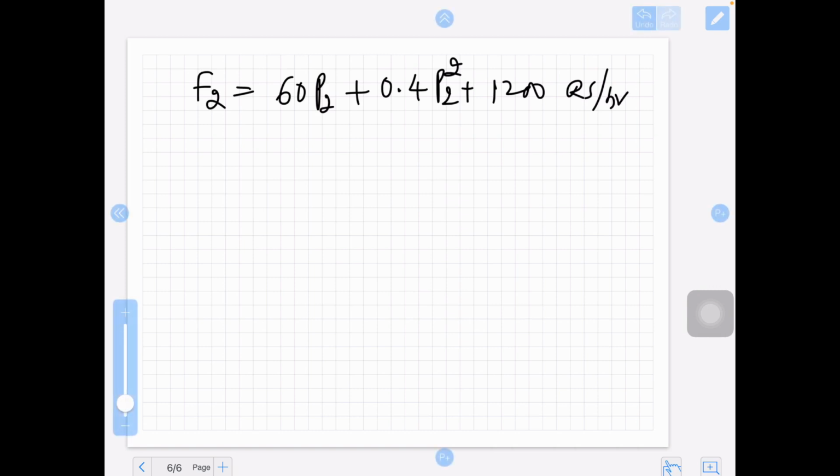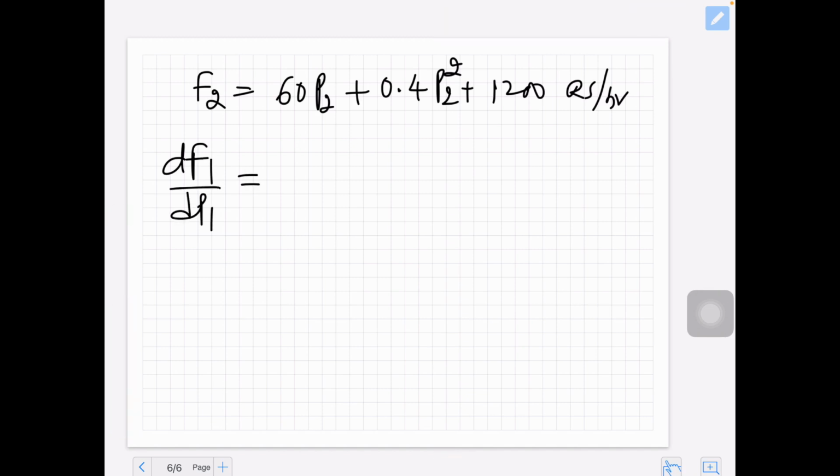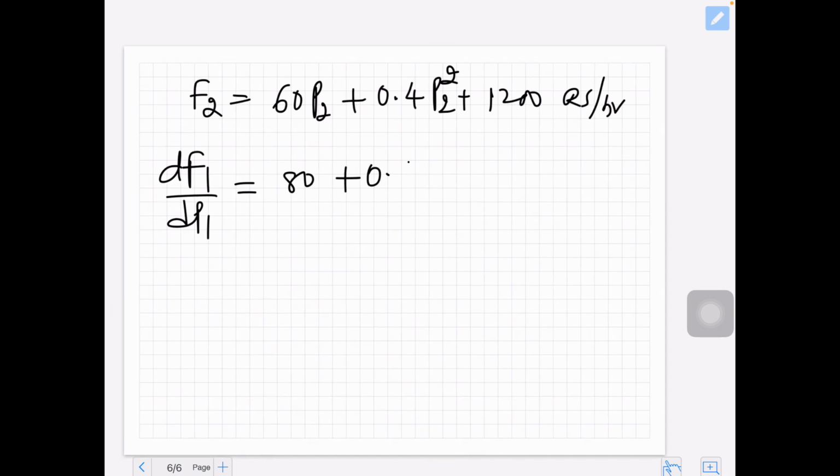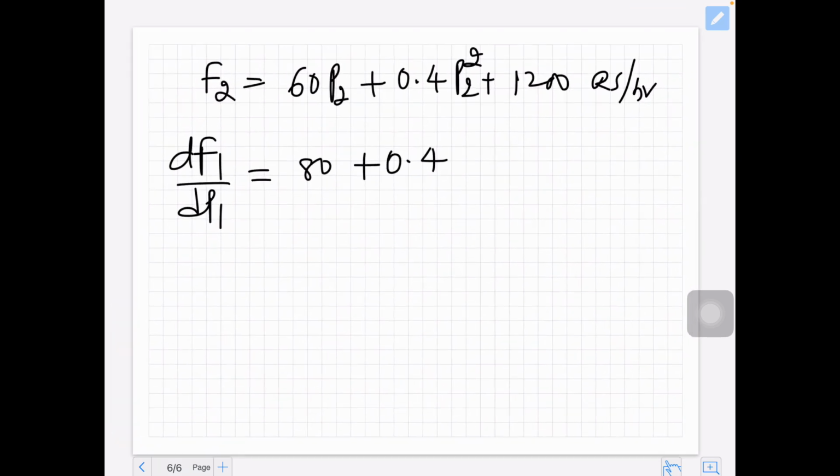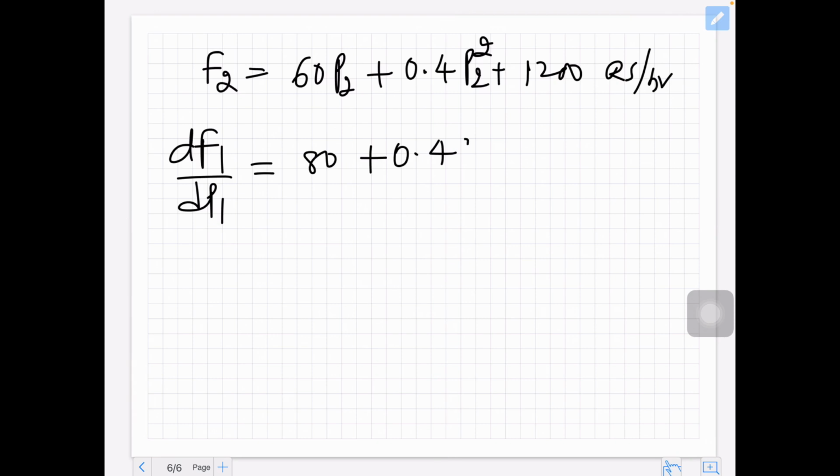Once you know the values of F1 and F2, you find the incremental fuel cost. So you will get 80 plus 0.48 P1. This is one incremental cost.